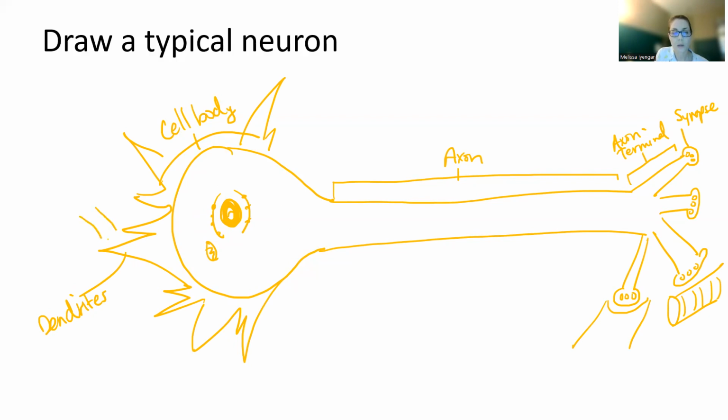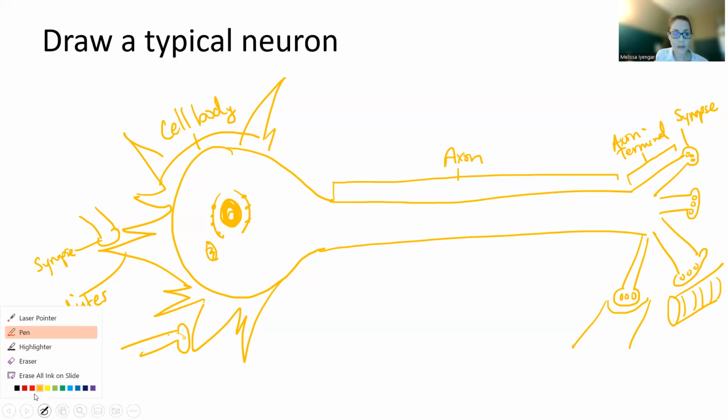What I can basically do is draw my synapse here, or I can draw another synapse down here, and you would send an electrical message towards this neuron, and it would be received by the dendrites. So remember, the dendrites are the small part. They're attached to the cell body, and they're shorter in length. And then coming off is the axon. The axon leads to the axon terminal areas and then the synapse.